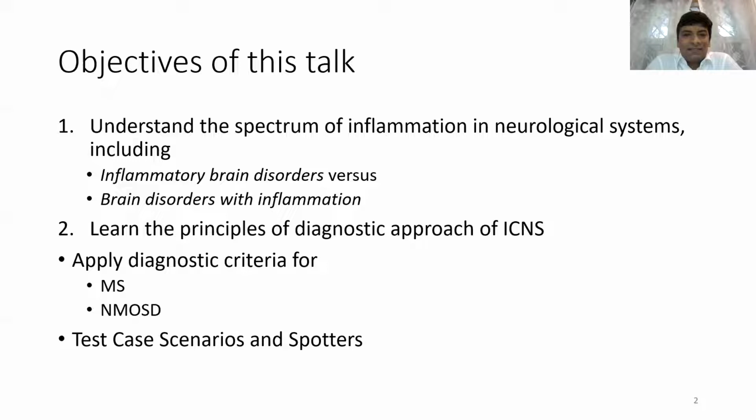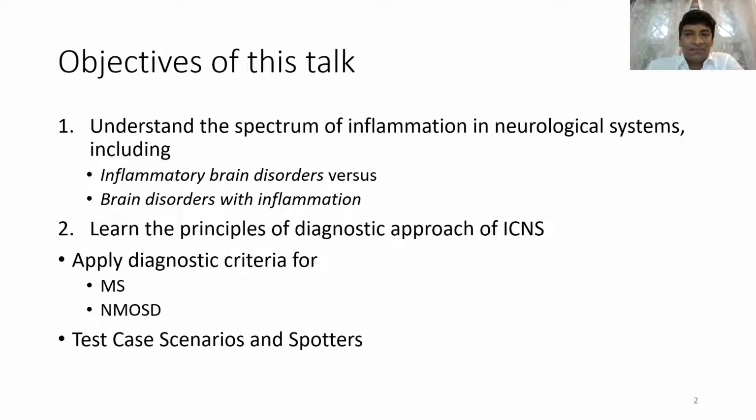Then try to understand some basic principles to approach these inflammatory CNS disorders, and maybe go through the criteria for multiple sclerosis and neuromyelitis optica spectrum disorders with some detail, and then just brush through some other test case scenarios and spotters to give us an exposure to some of the important disorders in this group.